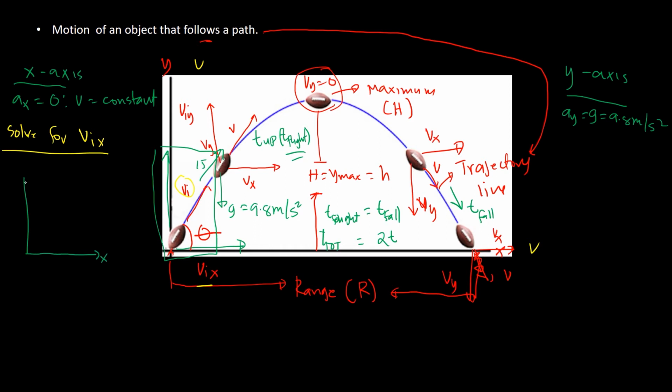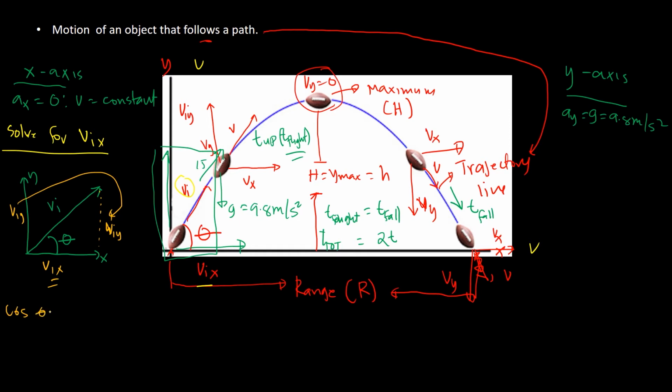We will label this one as x and this one as y, and assuming that this is the ball being kicked by the kicker player with an initial velocity at an angle above the horizontal line. Now, to solve for the initial velocity along the x-axis, we will use the aid of the basic trigonometric functions. Take note that this is v sub ix and this is v sub iy. So I will use the cosine function in solving for this one.